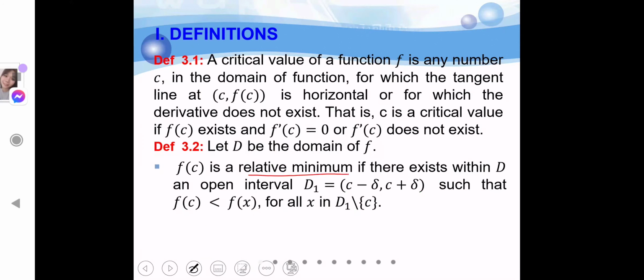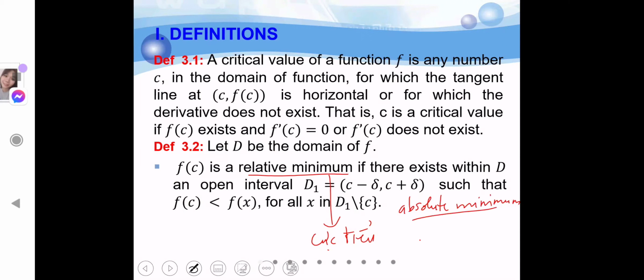So you need to distinguish between the relative minimum and the absolute minimum.